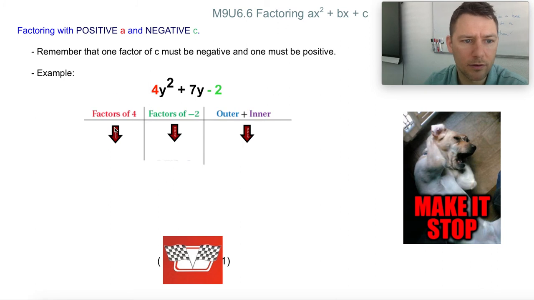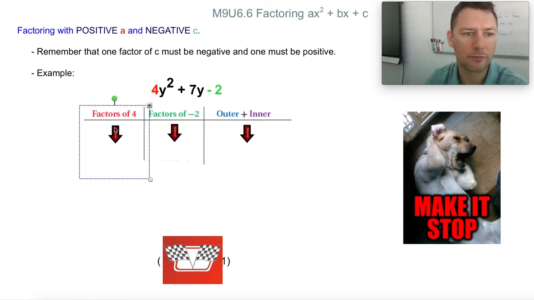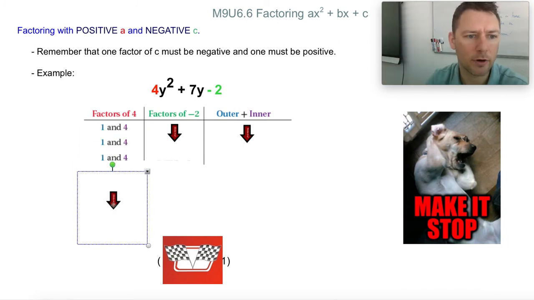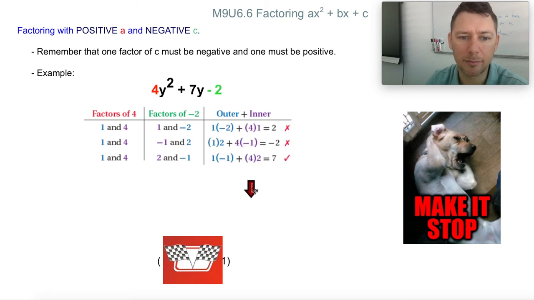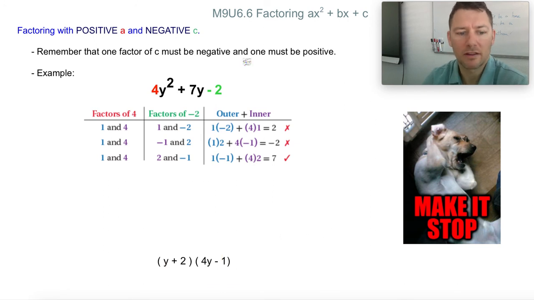You can do this in a systematic format where you say, here's all the factors of 4. 1 and 4, 1 and 4, 1 and 4. They should have done 2 and 2. Here's all the factors of 2, and here's the inner and outer, like building a table. Maybe you like those tables. Maybe they annoy you. But it's the same sort of thing.